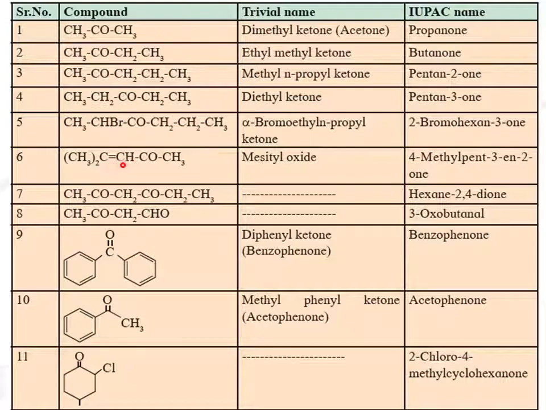It is coming at the third carbon, hence it is pent-3-ene. Then at the end, replace the E of pentene with ONE, including the position of the carbonyl carbon. The carbonyl carbon is at the second position, hence its name is 4-methylpent-3-en-2-one. In this way, we can write the name of this compound.